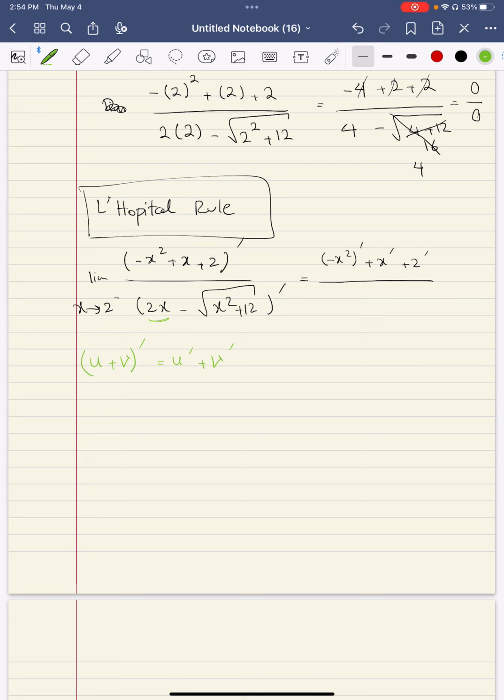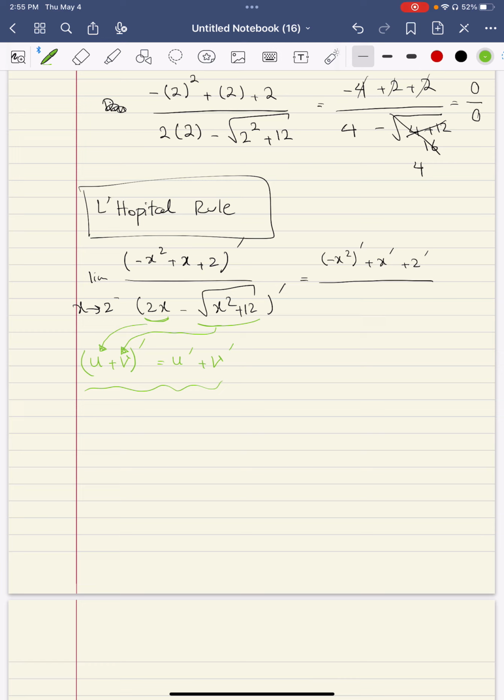In here, the u is 2x, and root of x to the power of 2 plus 12 is the v. You can take a look at my derivatives in 10 minutes video to find out what these rules are. I have talked about 6 different rules with which you will be able to solve over 90% of derivative questions.